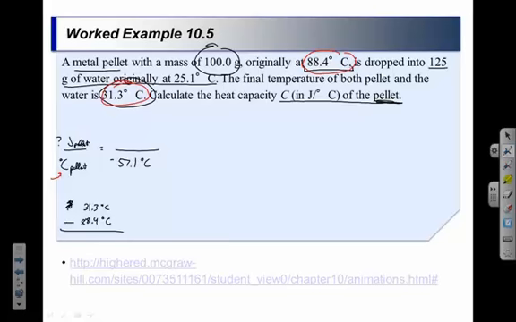How do I figure out how many joules of energy the pellet is transferring to the water?